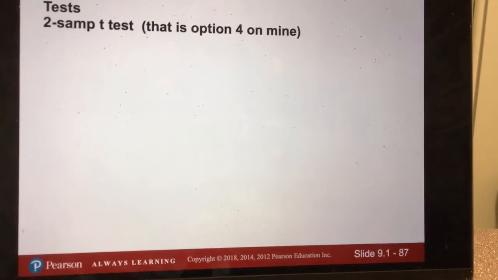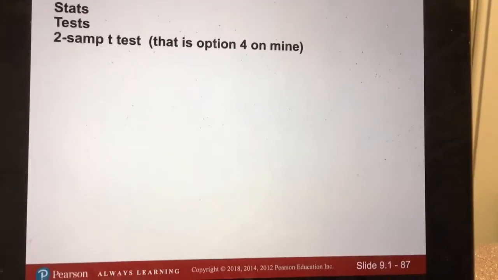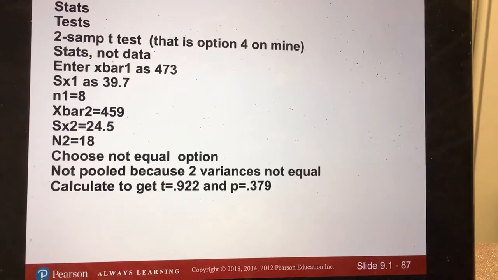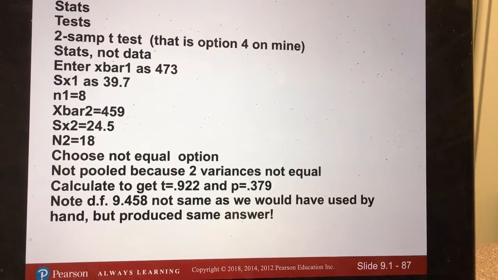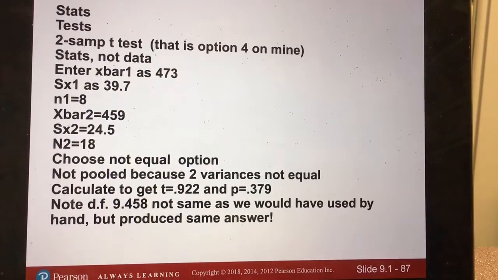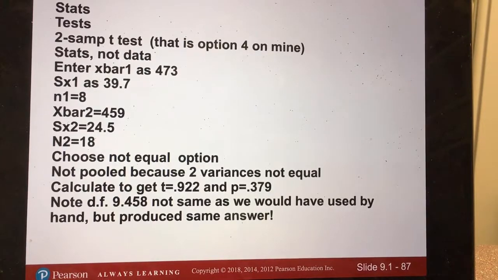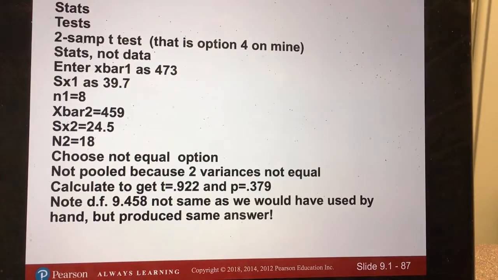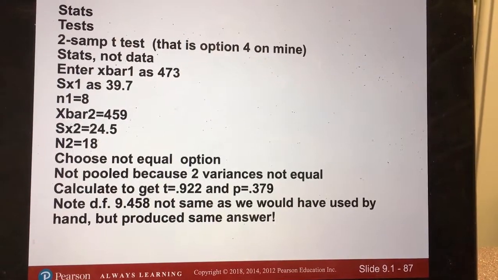So now on this next slide, I have the steps for the test here. And we did not pool them, it's a 2-sample t-test that we're going to do. We are not going to pool them because the two variances are not equal, and you can just try that and see what you get.